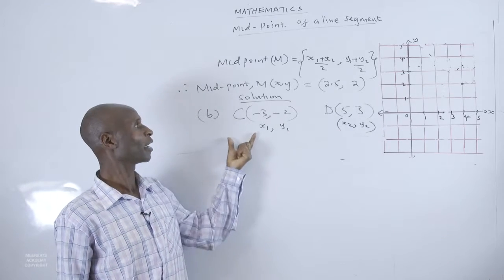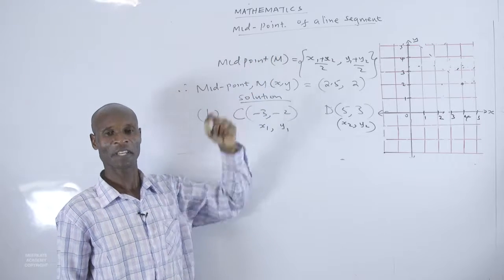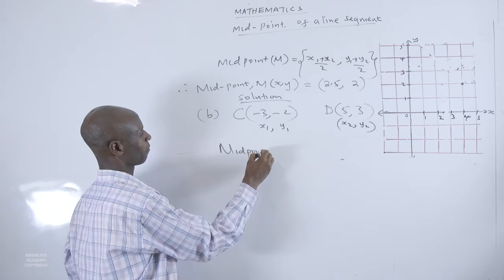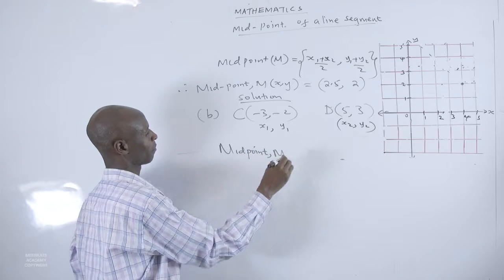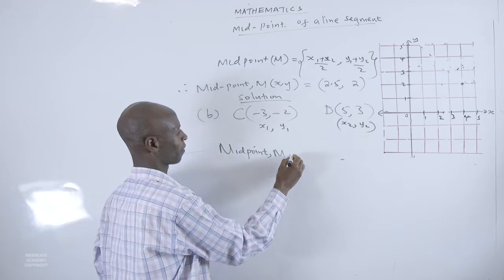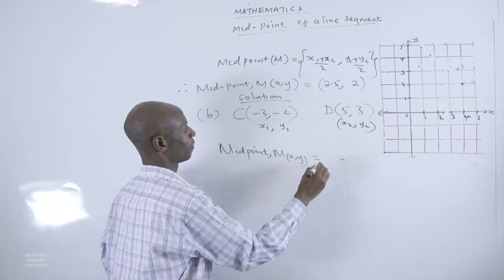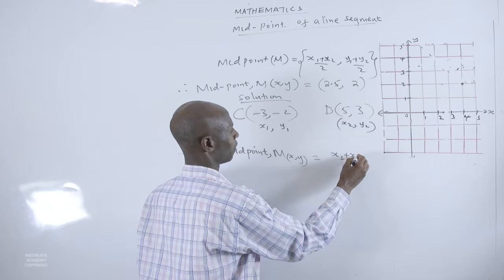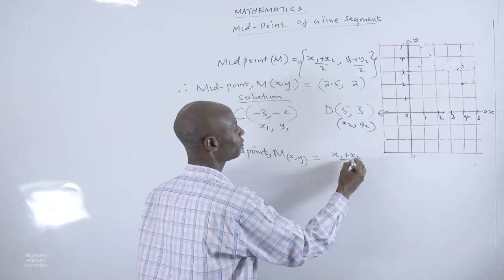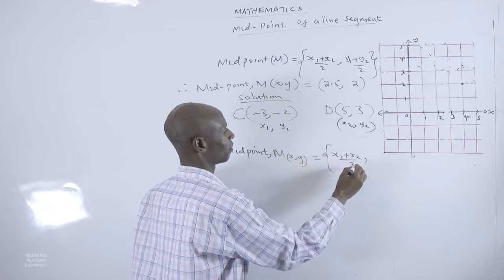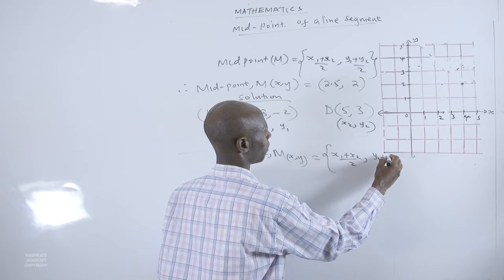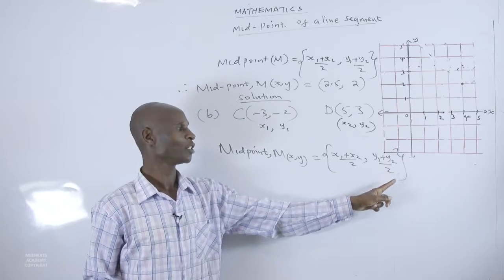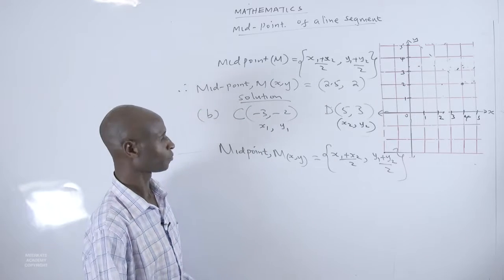Then we write down the formula or the method for finding midpoint. We take x1 plus x2 divided by 2. Then y1 plus y2 divided by 2.